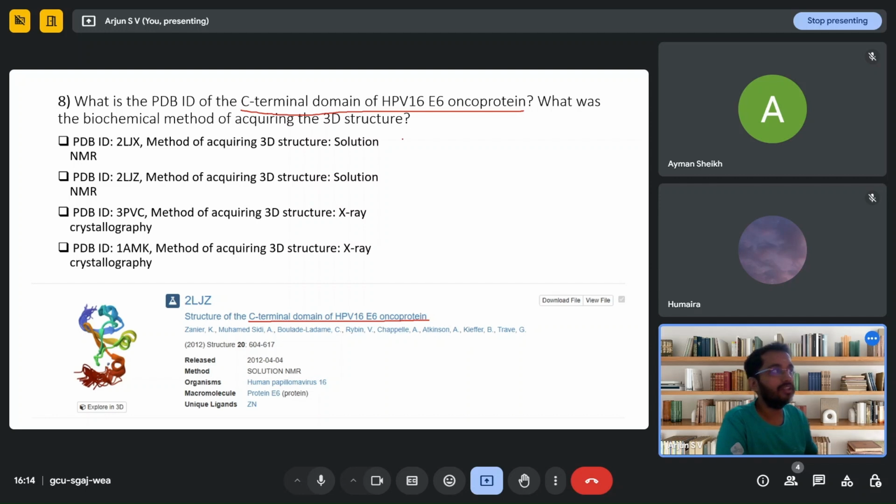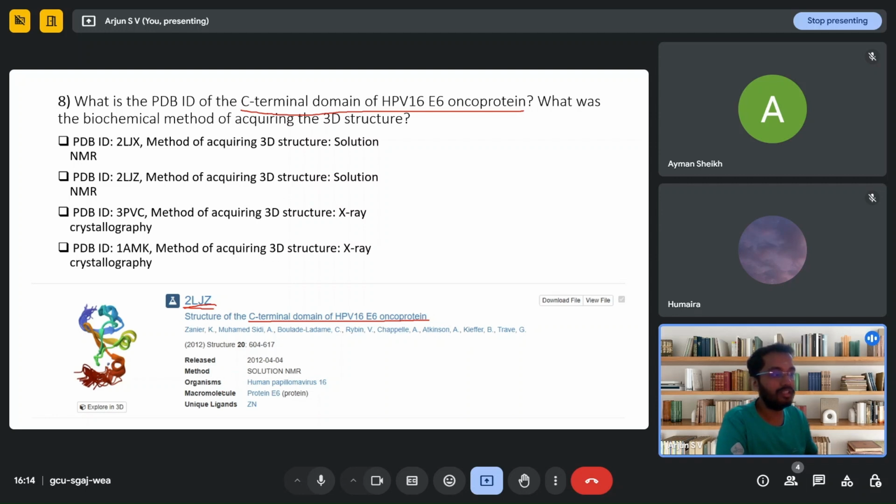So here they have asked the Protein Data Bank ID, which is this, 2LJZ. So the PDB ID is 2LJZ, and nothing else has the same PDB ID. So this must be the correct answer. But still, we'll see the method of acquiring the 3D structure.